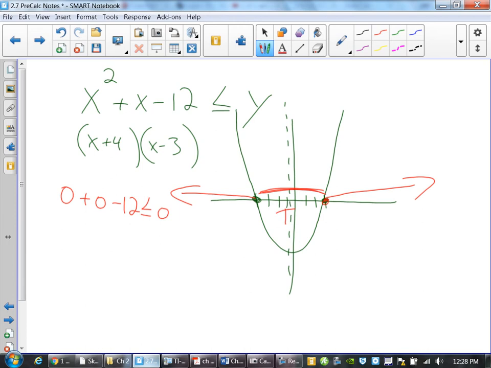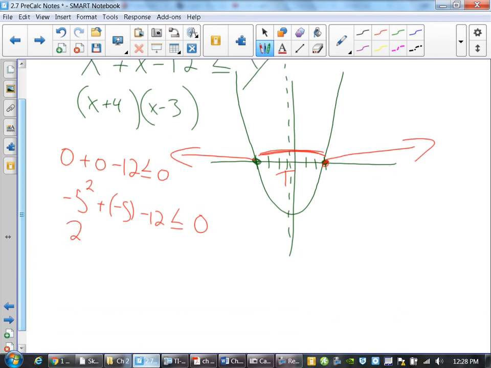If I pick negative 5 and 0 for y, I get 25 minus 17, which is 8, smaller than 0.